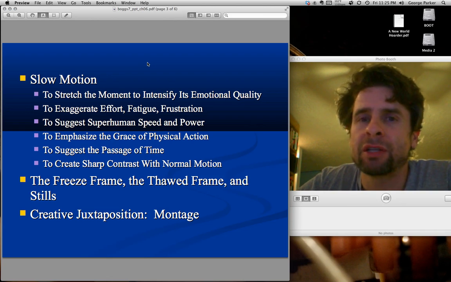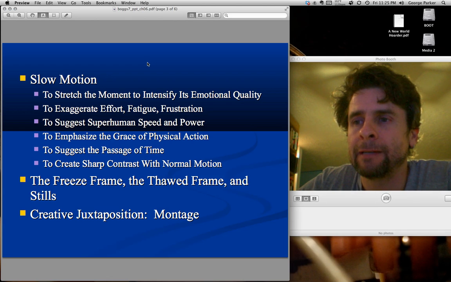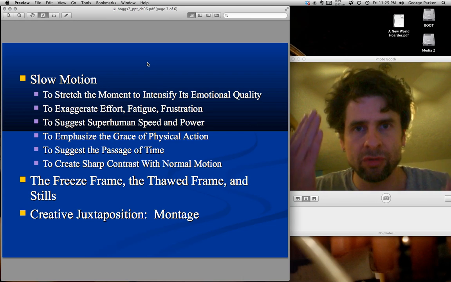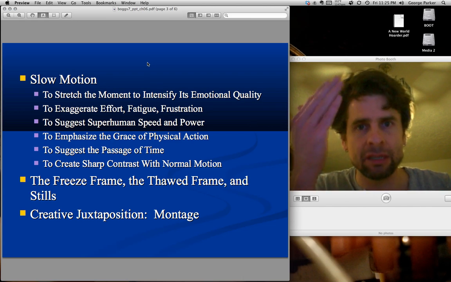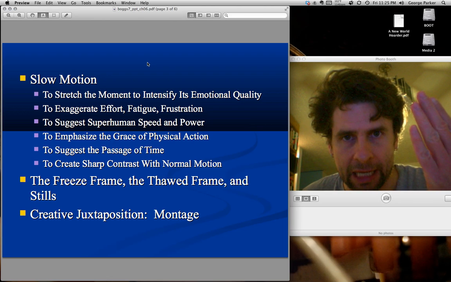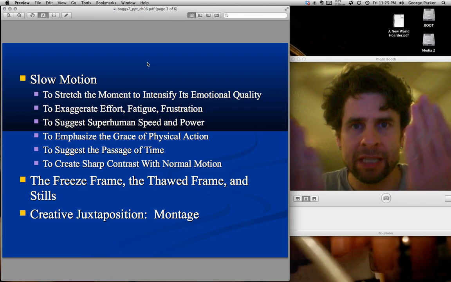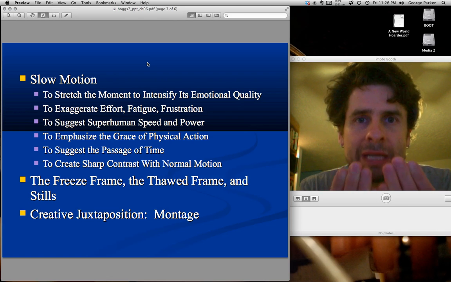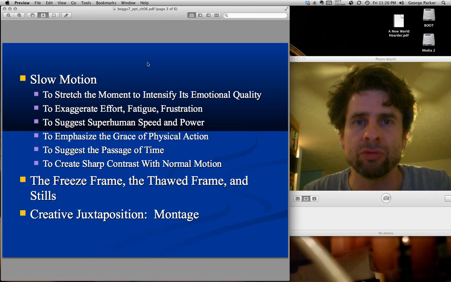A juxtaposition, just so that's clear, is a technique in which we take two disparate things, two images let's say, and each image by itself has one meaning. But when we put them together, their placement together creates an entirely new meaning, different than each as an individual.